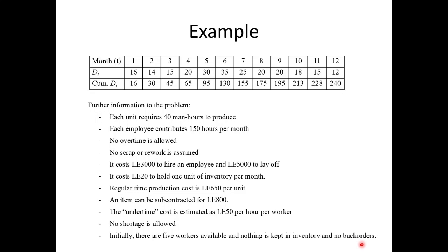So at the beginning of the planning horizon, we do not have any inventory kept, and we do not have any backlogged quantity from the previous planning horizon. So these are the starting conditions for solving this problem.